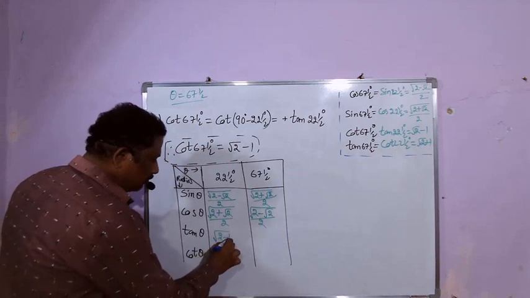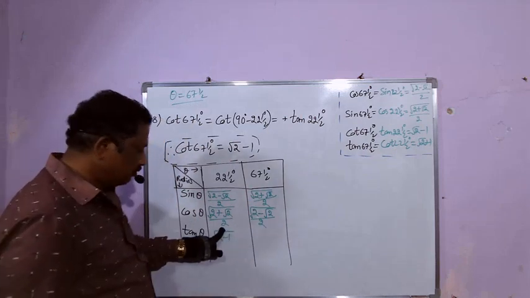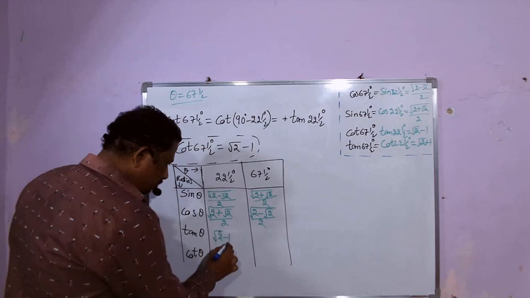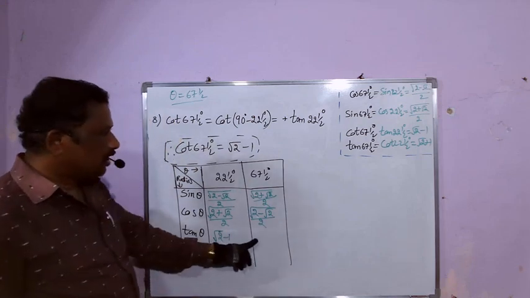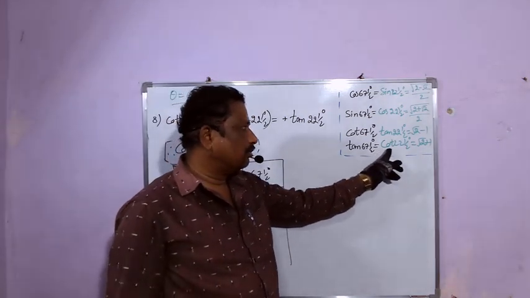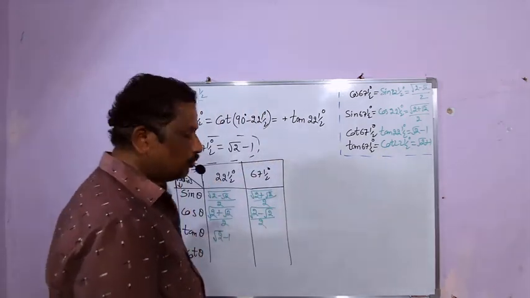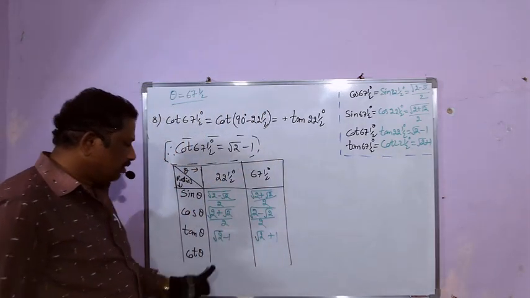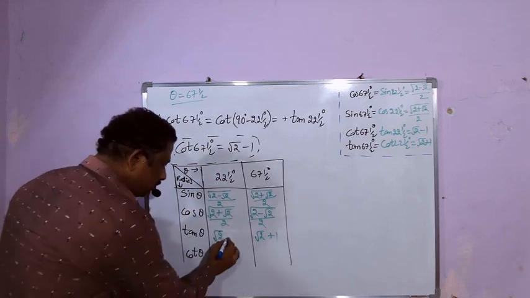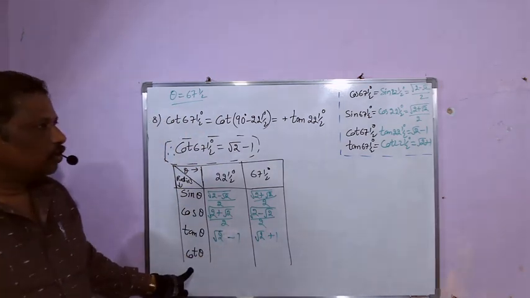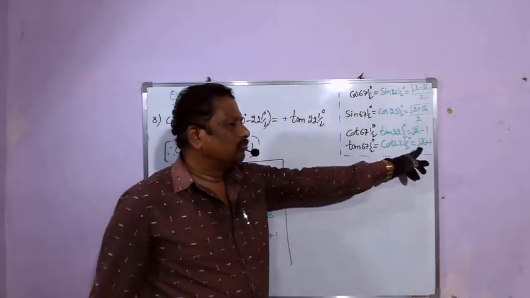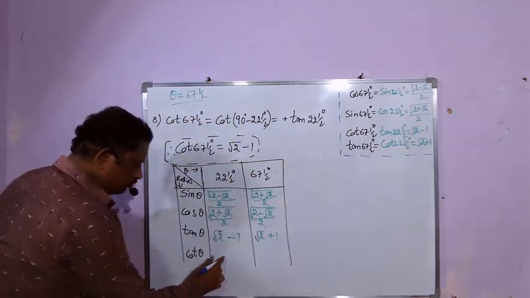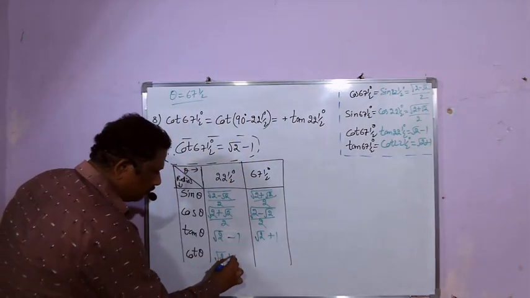Next, tan 67.5 degrees is equal to cot 22.5 degrees: root 2 plus 1. Next, cot 22.5 degrees: root 2 plus 1 only.